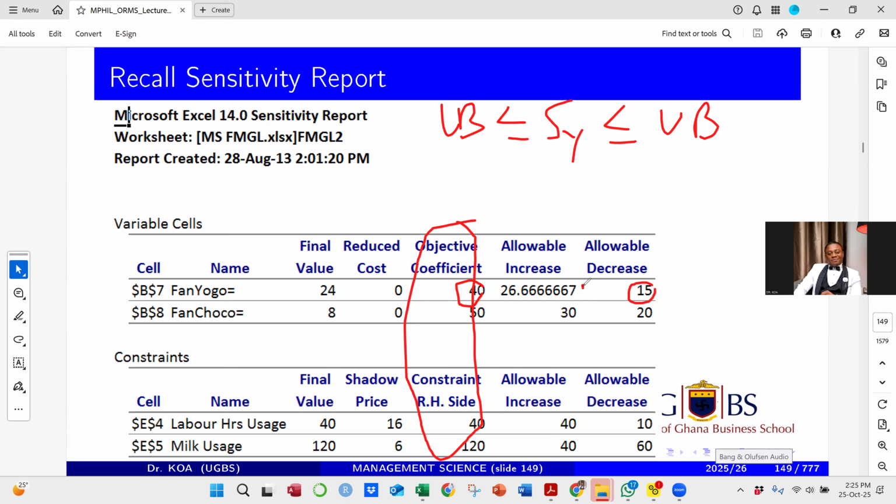It's 25 to 30. I want the lower bound and the upper bound. The lower bound is 25. The upper bound is 13.33. No, the upper bound is not correct. Come back again.